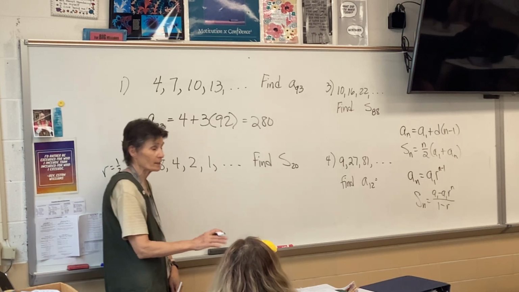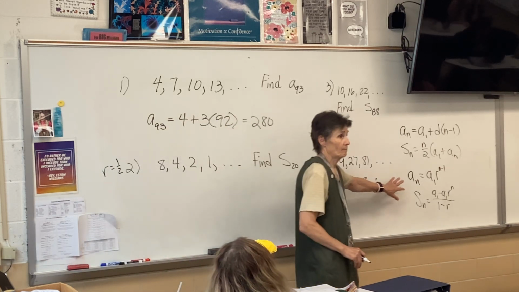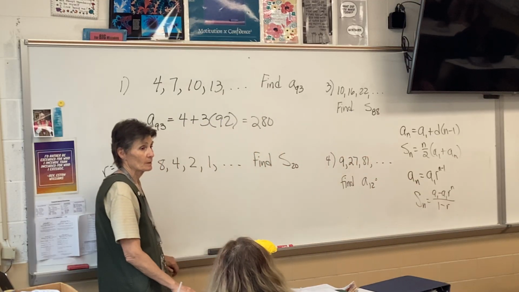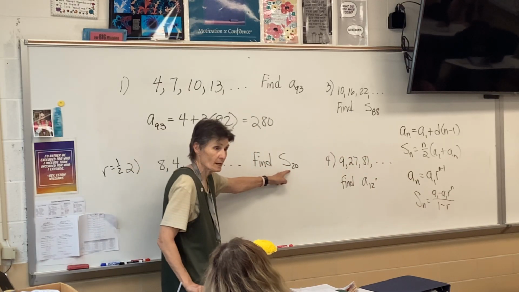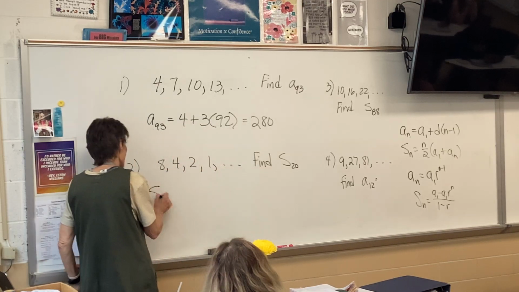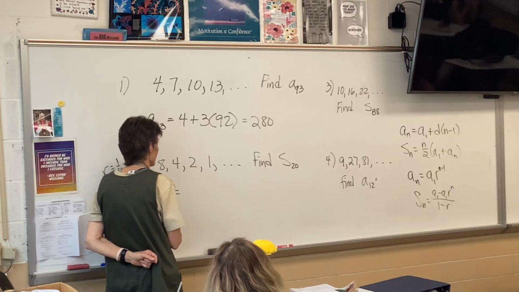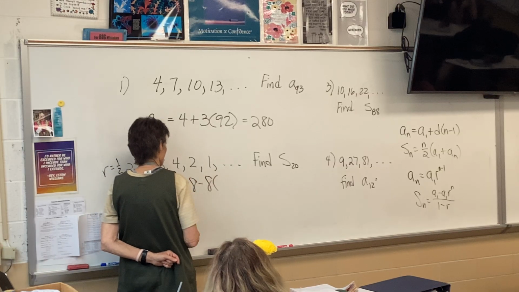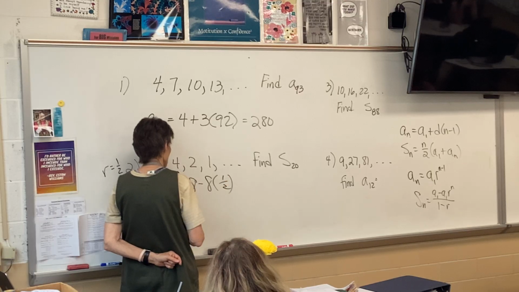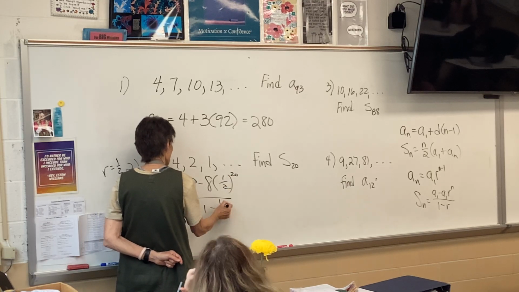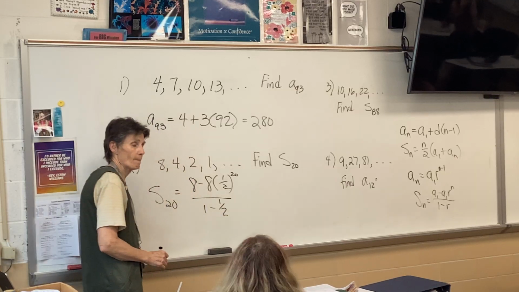It's a sum. It says right there, S sub 20. So the formula says S sub 20 is the first term times 1 minus the common ratio to the 20th, over 1 minus the common ratio.